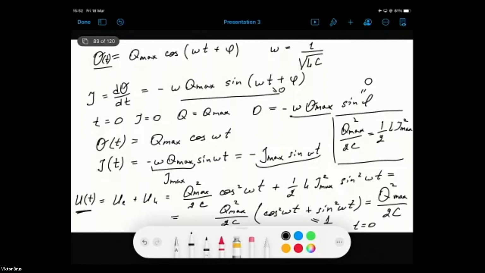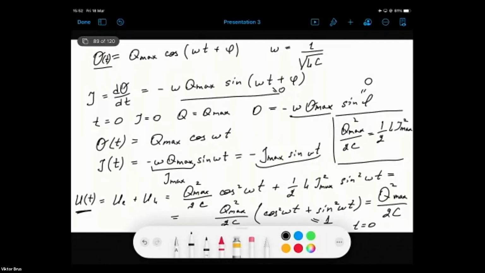So it gave us the same expression for the energy accumulated in this inductor, and we also considered LC oscillations.